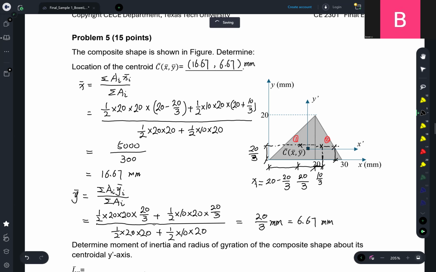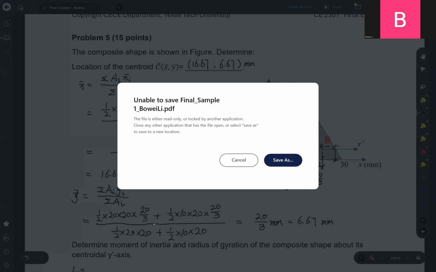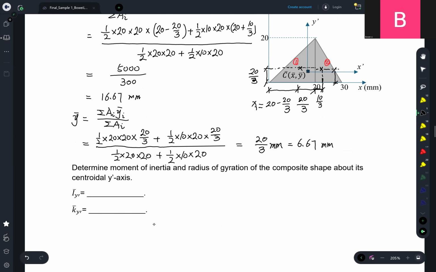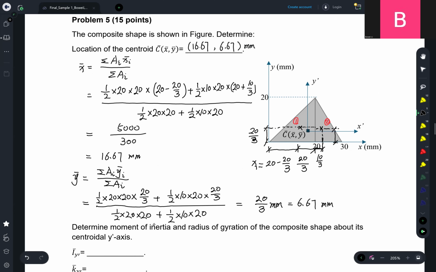And then we can proceed to the second question here. The second question is asking us to determine the moment of inertia or the radius of gyration of the composite shape. Okay, so how can we approach that?